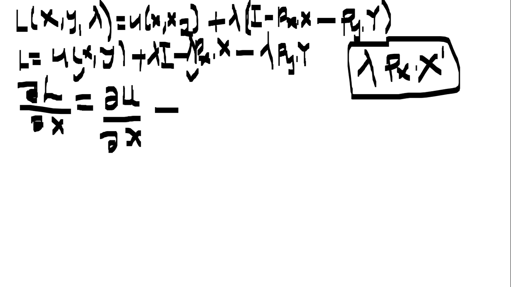Remember, it's partial. When we differentiate this x to power 1, there's a 1 on top, we do the minus, you know those things. So at the end of it all, we are going to remain with lambda px. Do you agree?